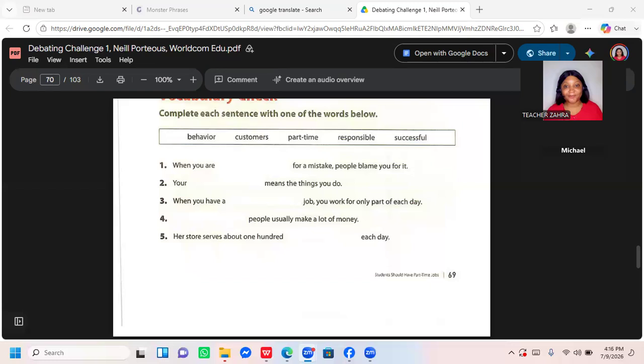For example, it's like part-time job, part-time teacher, work part-time.